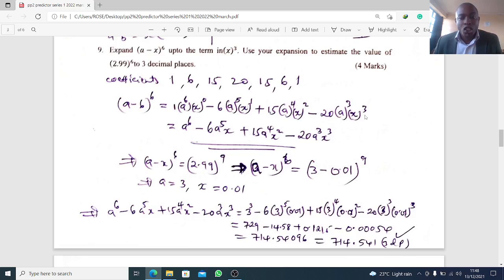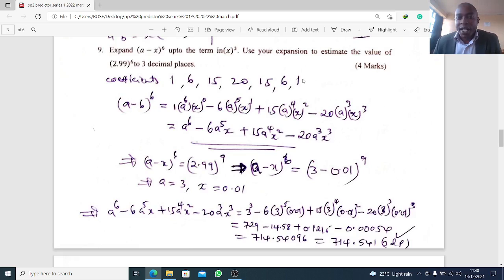Then if I continued, it will be plus 15 a power of 2, x power of 4, then minus 6, a power of 1, x power of 5 now.